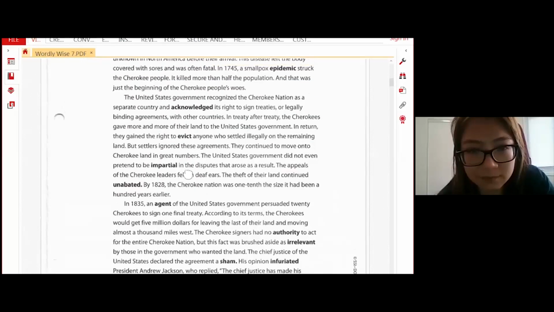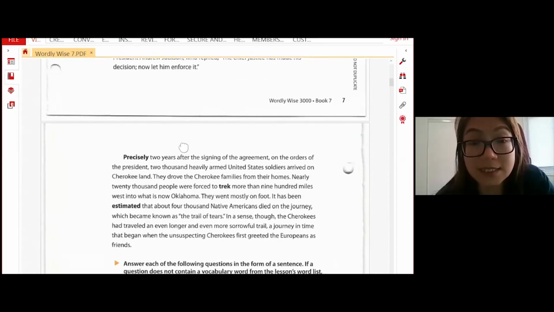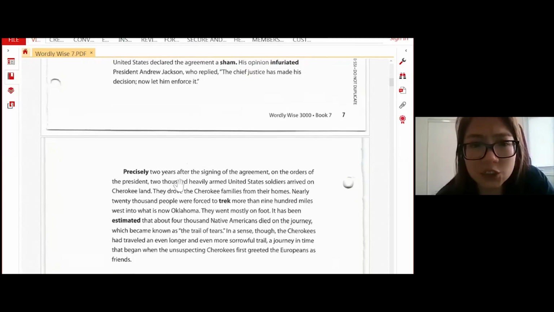Then let me finish reading it and I'll let you assimilate it. Precisely 2 years after signing of the agreement, on the orders of the president, 2,000 heavily armed United States soldiers arrived on the Cherokee land. They drove the Cherokee families from their homes. Nearly 20,000 people were forced to trek more than 900 miles west into what is now Oklahoma.